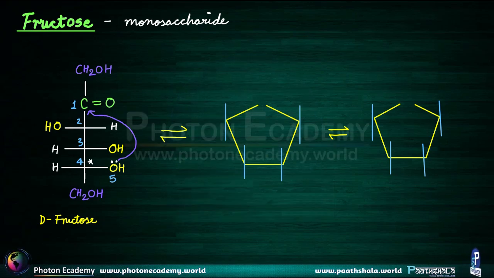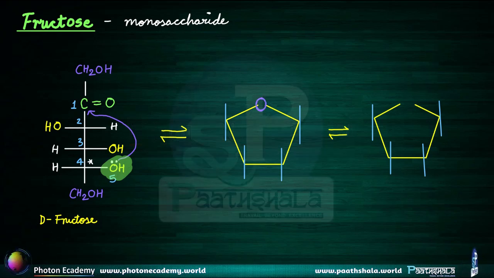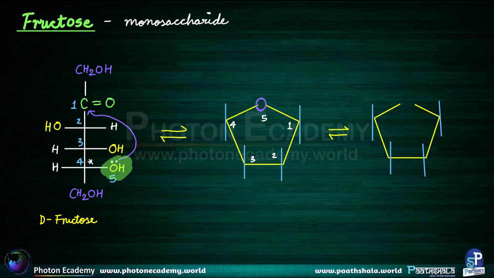In the cyclic ring we have an oxygen atom, the one with the lone pair of electrons, in the center position over here. Now let us name the carbons here also: 1, 2, 3, 4, and the fifth was already oxygen. This fifth is attached to the first one, and this first one is the carbonyl carbon.